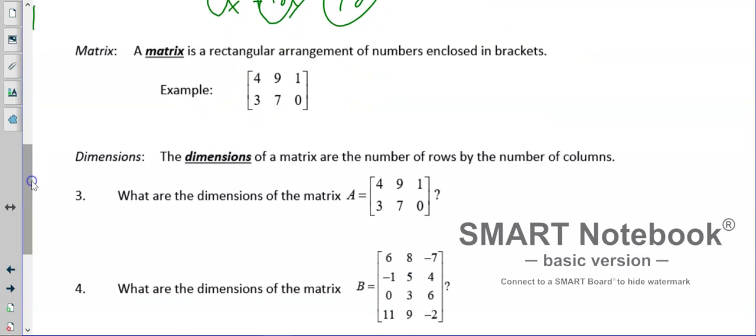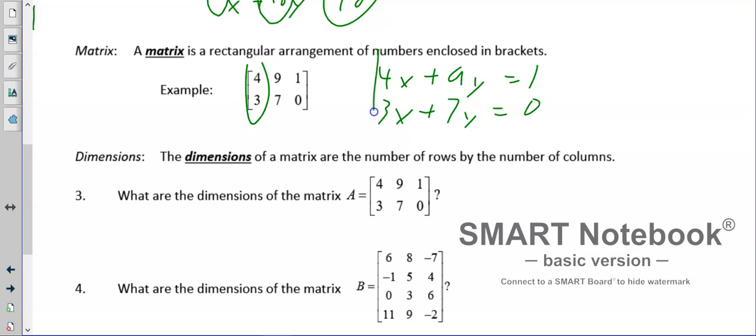So for example, right here, this could have come from 4x plus 9y equals 1, and 3x plus 7y equals 0. Yes, we can have it equal to 0. We do that often. All right, where these numbers are the coefficient of x, these numbers are the coefficient of y, and these are our constants.